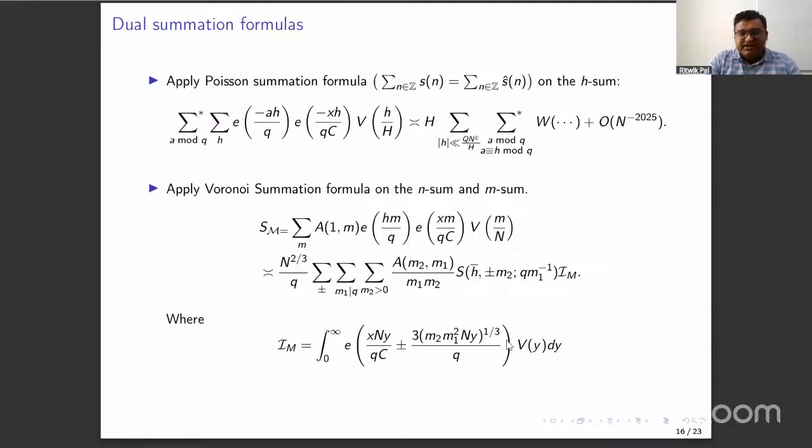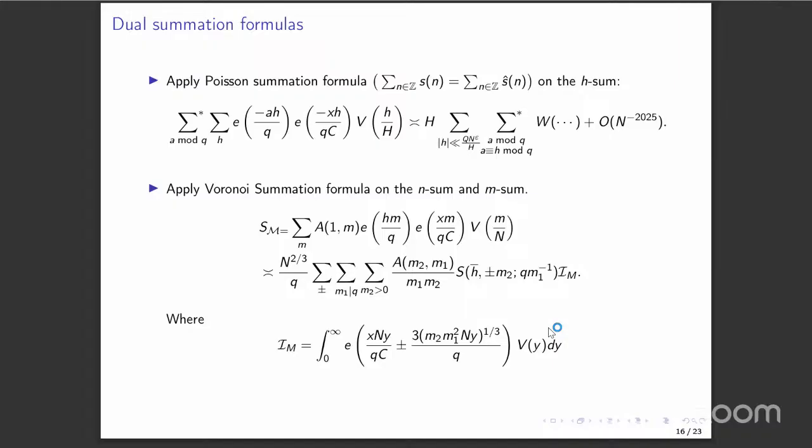I'm giving just one example: this integral is over from 0 to infinity. Rather, this basically truncates the integral after a certain stage. So the integral is majorly truncated by this V function, and you can see the same idea when you apply the approximate functional equation.